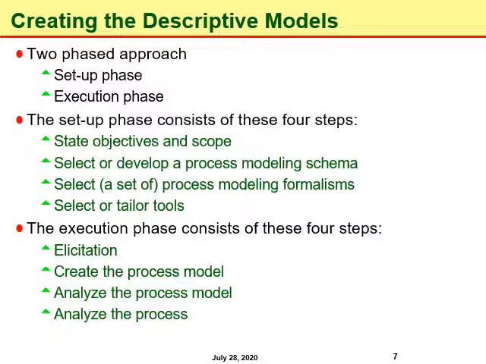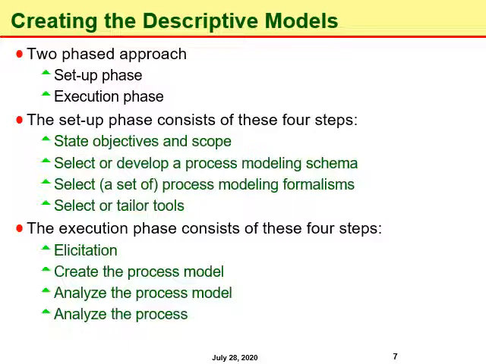The setup phase consists of four steps. The first one is state objectives and scope of the descriptive modeling. Then select or develop process modeling schema, and then select process modeling formalisms. And the fourth step is select or tailor tools.